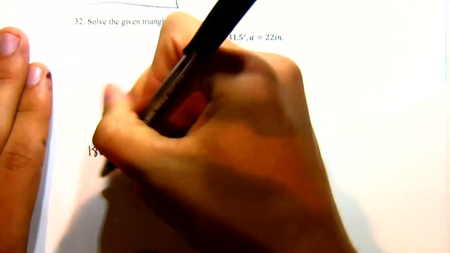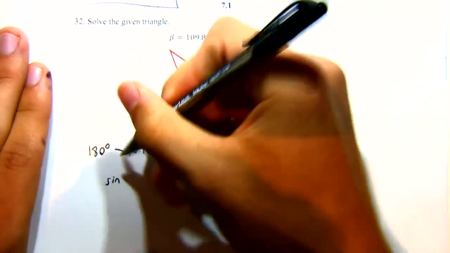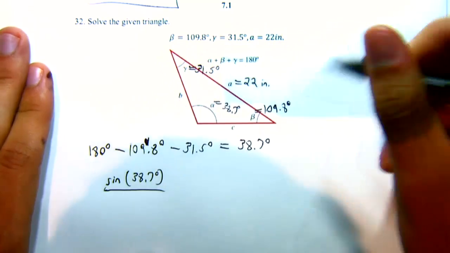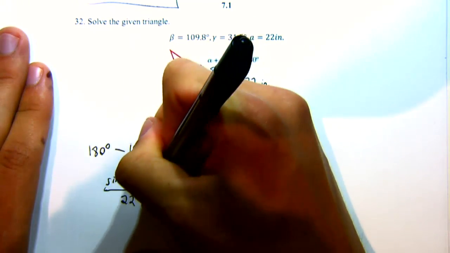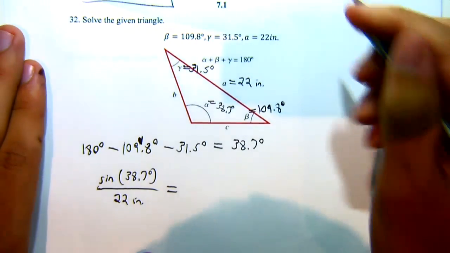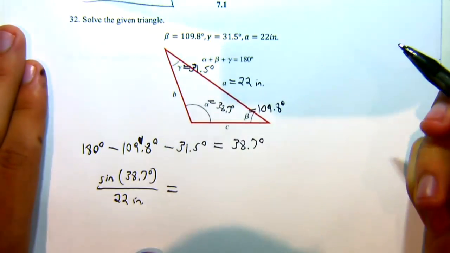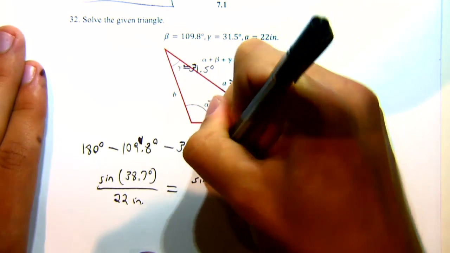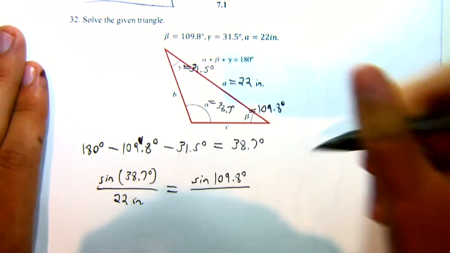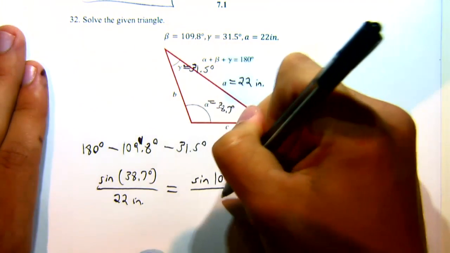Now we could use law of sines. So sine of 38.7 degrees over A, which is 22 inches, is equal to, let's go ahead and find B first. Sine of 109.8 degrees over B.